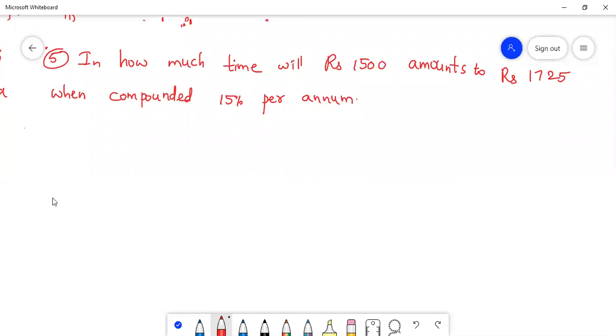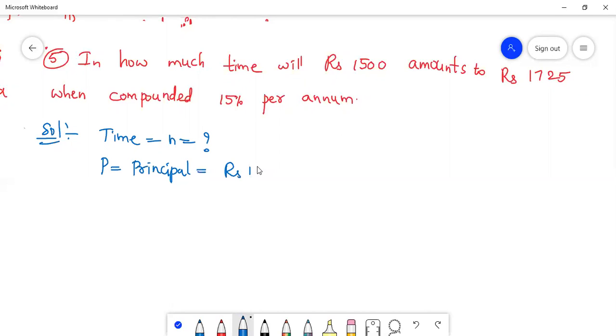Here the question is, in how much time will 1500 rupees amount to 1,725 rupees when compounded at 15% per annum? They are asking time. Time is n equal to how much? And they have given the principal amount P equal to 1500 rupees.